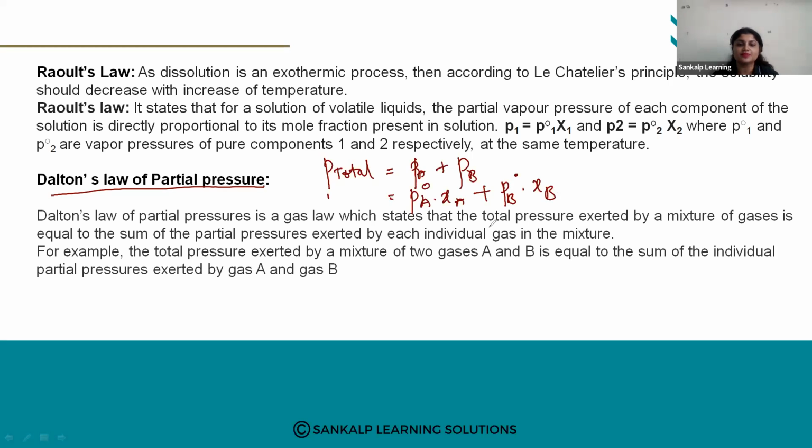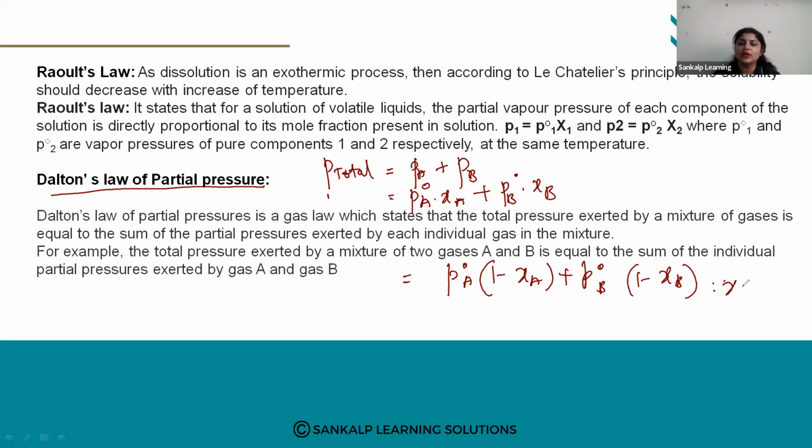If you take P naught A common, 1 minus XA, plus P naught B, 1 minus XB.